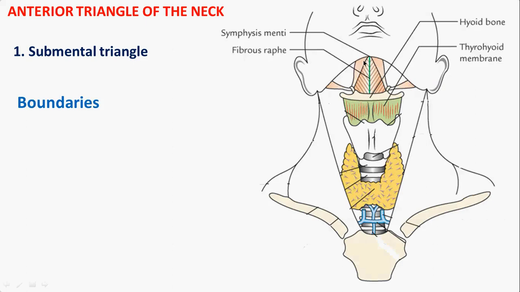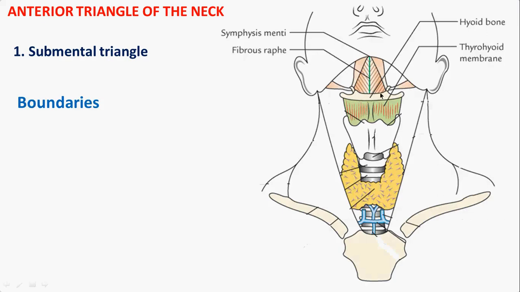So here, in this figure, you can see the digastric muscle, anterior belly of digastric, on both sides, and this is the base of the hyoid bone.